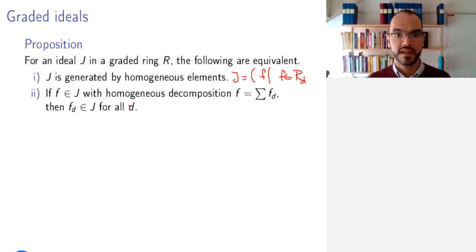And the second statement is that if you have f with a homogeneous decomposition like this, and if you know that f is in your ideal, then all the homogeneous components themselves have to be in the ideal. These homogeneous components, because of the direct sum decomposition, are unique, so this statement makes sense.